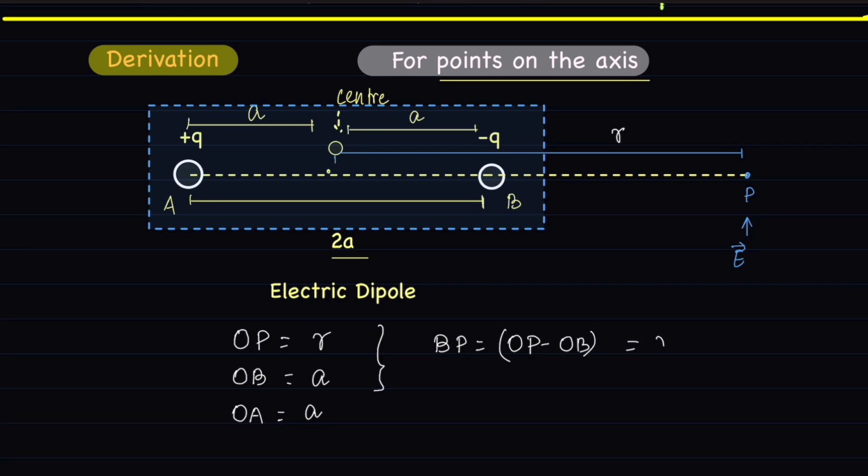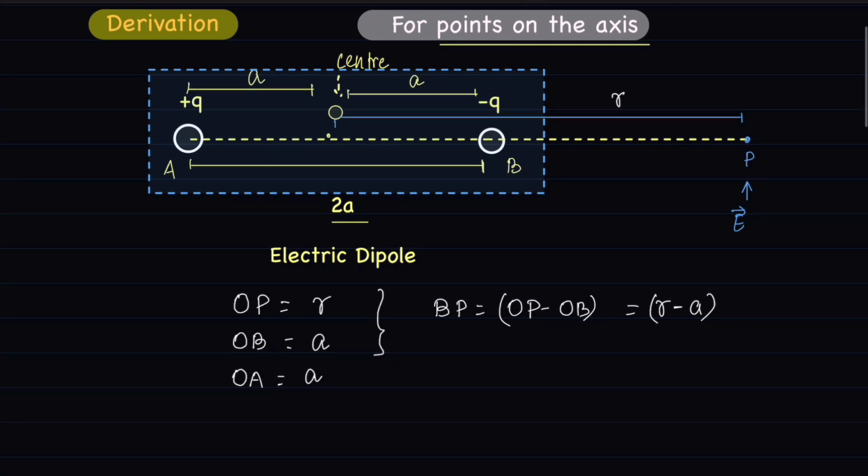OP is r and OB is a, so it is r minus a. Similarly, the distance of AP is equal to OP plus OA, so it is r plus a. So the distances of AP and BP are known.